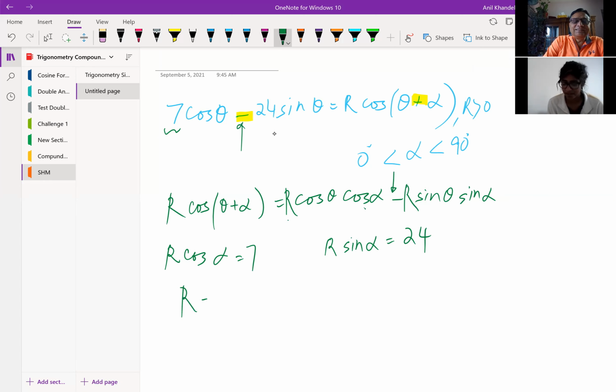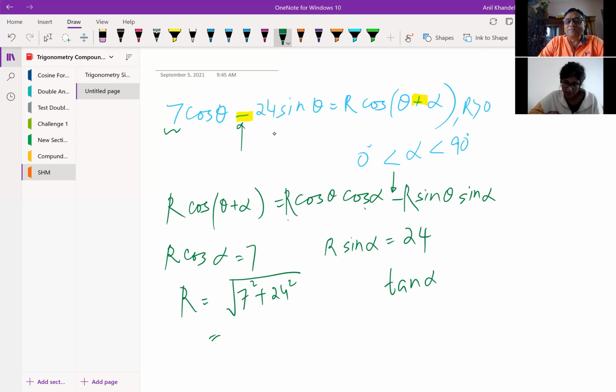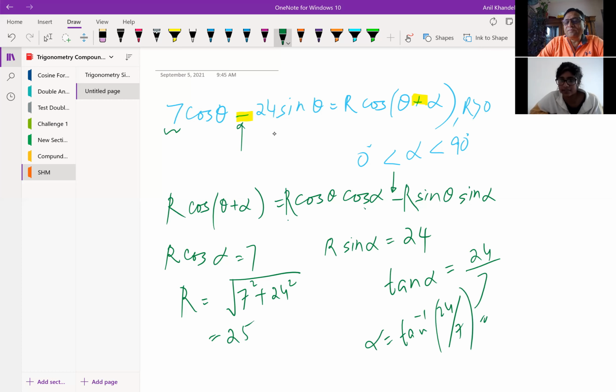To find r, you just do the square root of 7 squared plus 24 squared, where the calculator comes in handy. 24 squared add 49 is 625. So the answer is 25 for r. And alpha is tan inverse of 24 over 7, which is 73.7 to 3 significant figures. And then you simply sub it in.